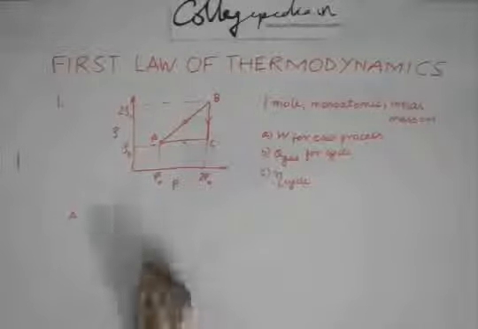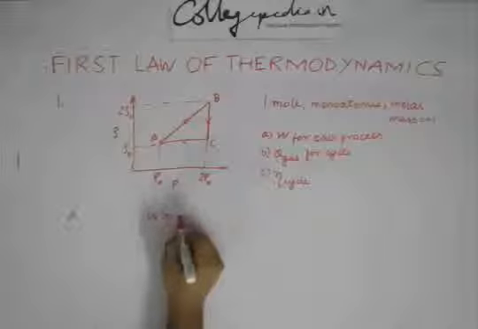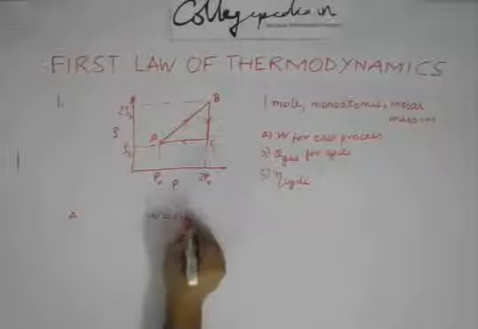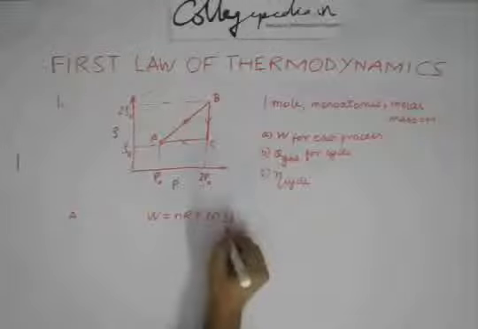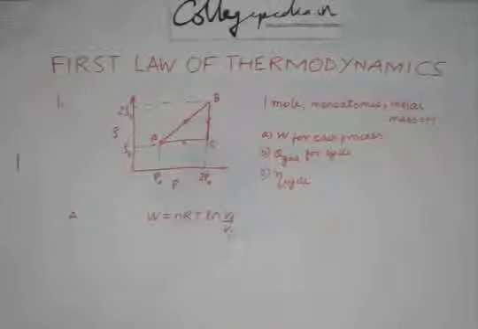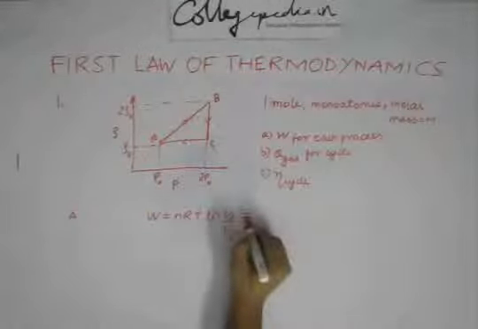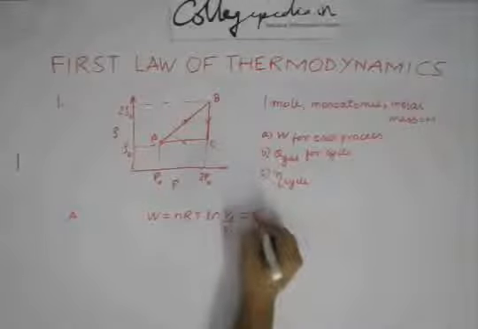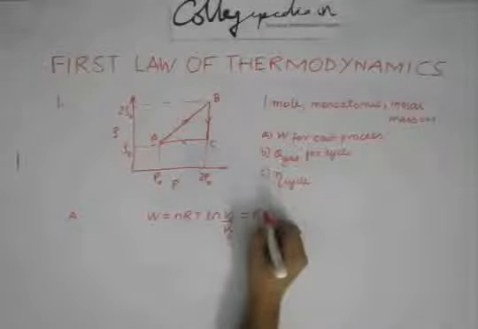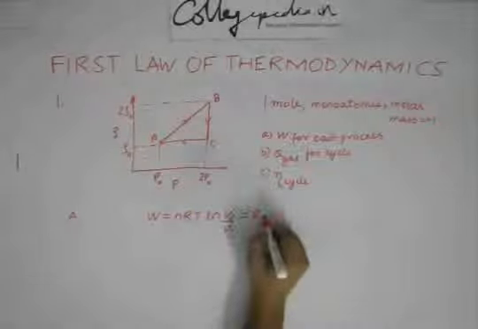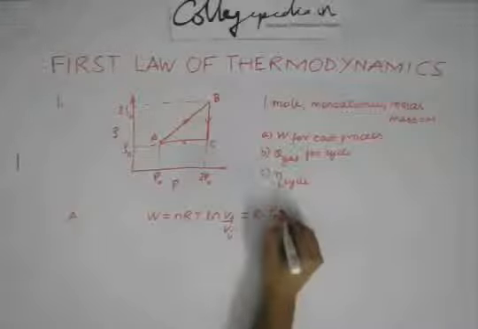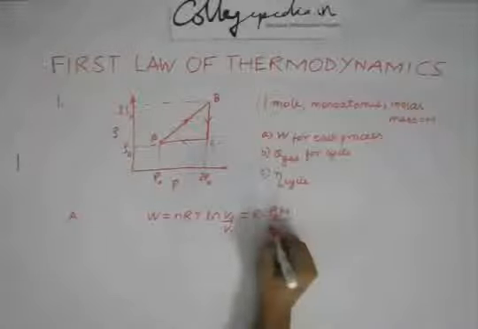For an isothermal process, W is given by nRT ln Vf by Vi. This is what we derived earlier. n in our case is 1, R remains the same. So the temperature is P naught M by R rho naught.